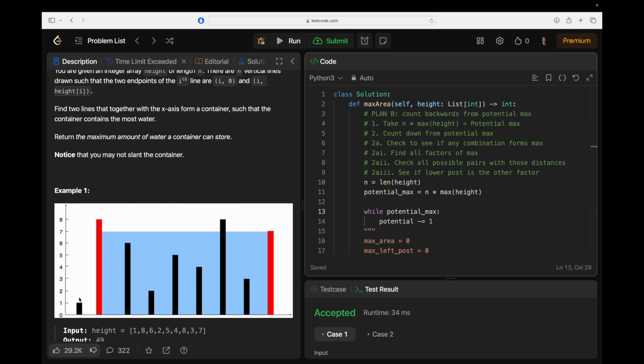So right here, the possible max is 9 times 8, which is 72. How many factors does 72 have? It's got 2, 3, 8, 9, 4.